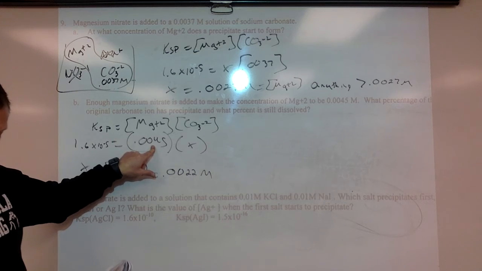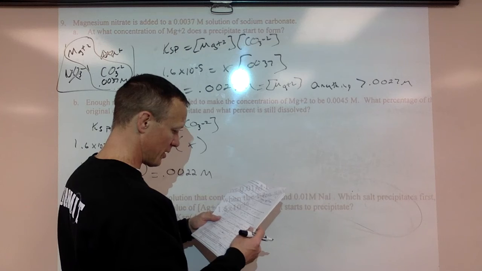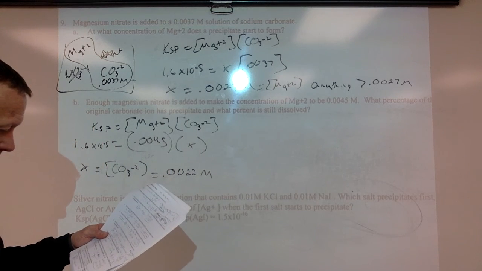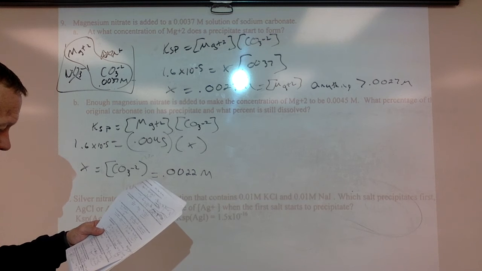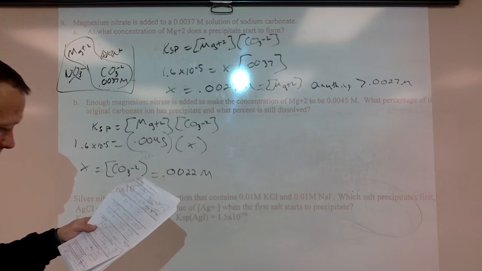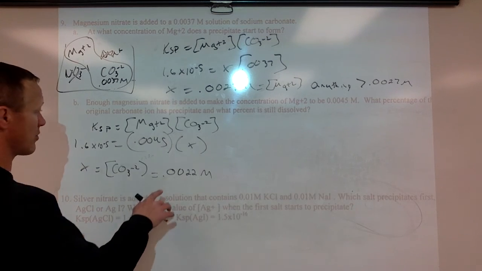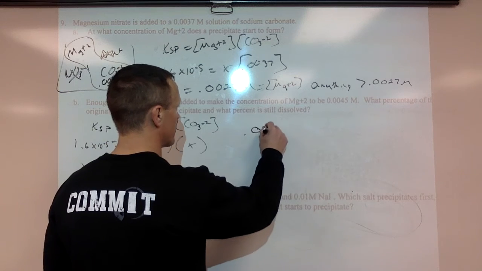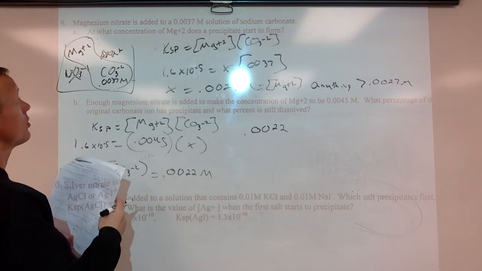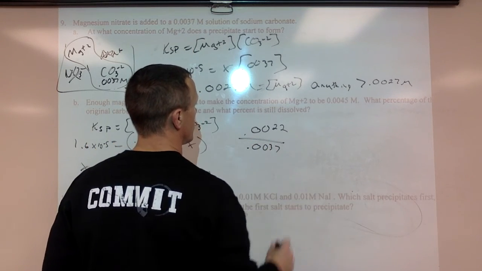So again, that is the maximum amount of carbonate ion you can have with this much magnesium already in there. So let's figure out the percent dissolved, or percent precipitated out. We have this amount that's dissolved, 0.0022, out of the original 0.0037.